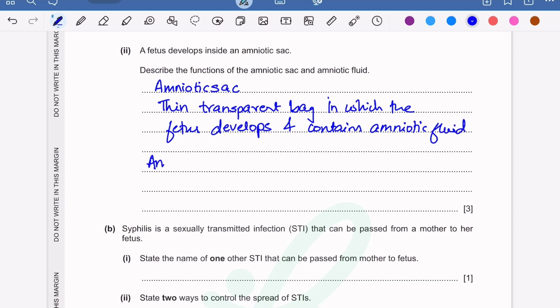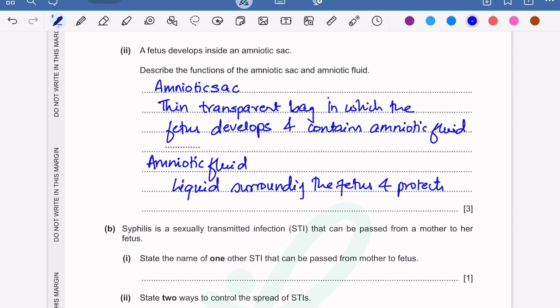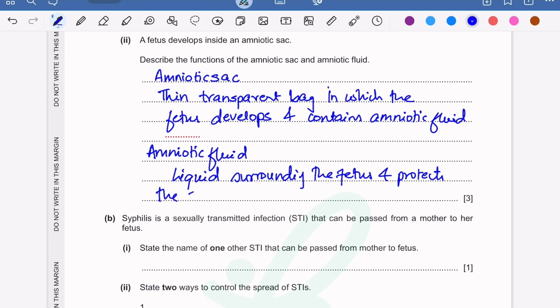Whereas when I talk about amniotic fluid, it is the liquid surrounding the fetus and protects the fetus from mechanical shocks.